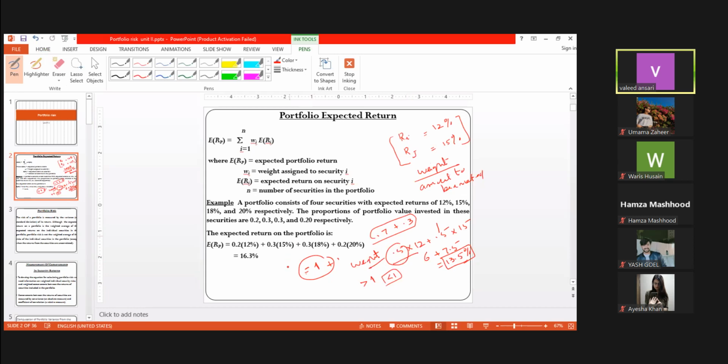If there are 3 securities and they are equally weighted, we divide by 3, so it will be 33% each. If there are 4 securities, it will be 25% each, and so on. The proportion may vary.